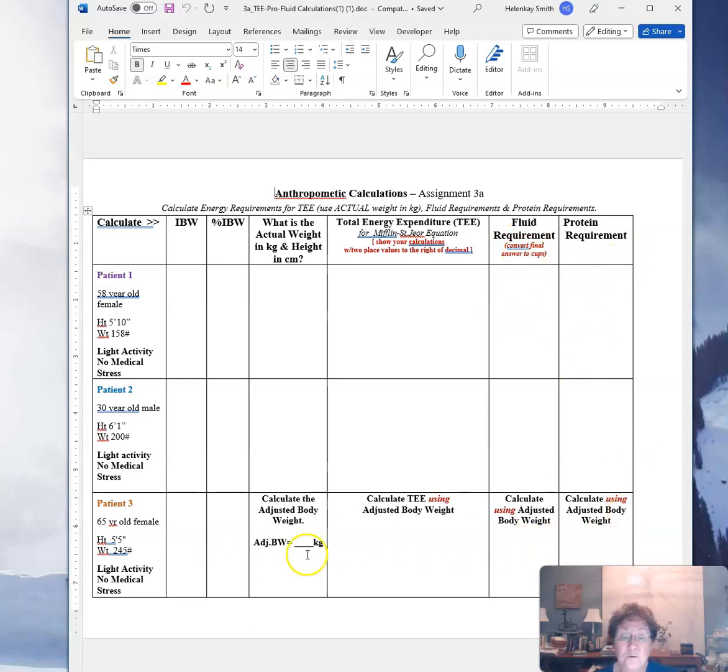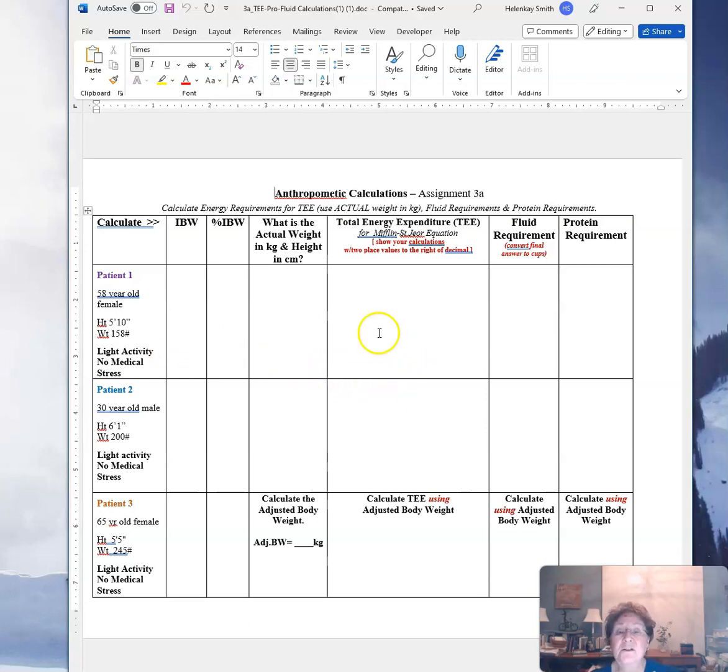And again, for patient 3, you're using adjusted body weight in kilograms. All right, and then you also need to convert the final milliliters to cups. So you're showing milliliters, and I would encourage you to show your calculations on all of these, because I will give you partial credit if you move through a good part of the formula but just messed up a simple point or something.